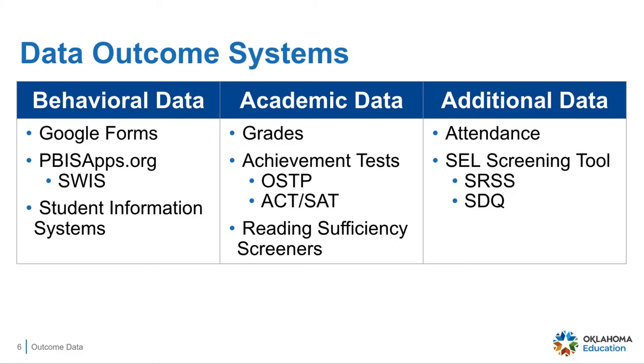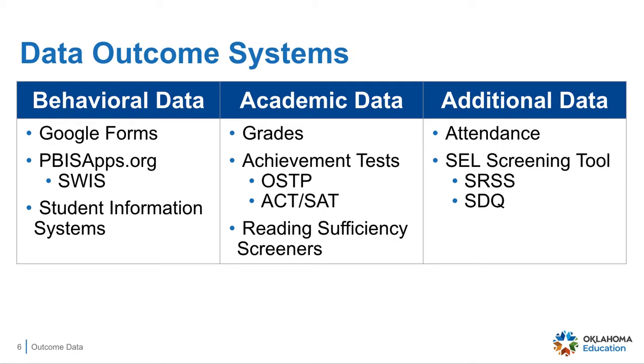There are several types of data and several data collection systems that can be used. Behavioral data is the primary data that will be evaluated by school climate teams and is typically the first positive outcome when implementing PBIS practices. Often, schools will use internal Google Forms that teachers can submit as an office discipline referral.